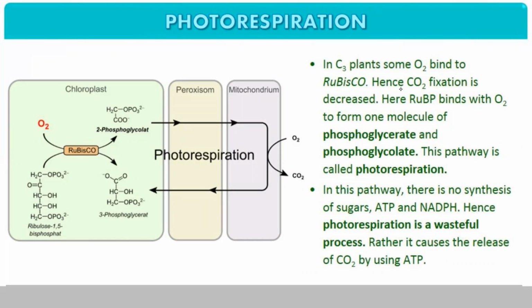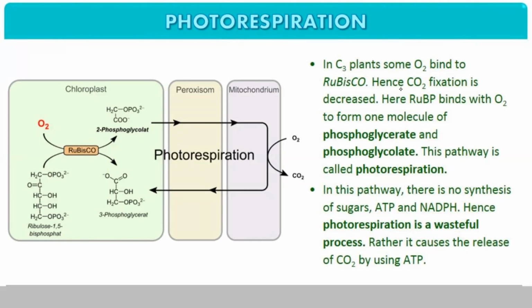So hence carbon dioxide fixation is decreased. Here RuBP binds with oxygen to form one molecule of phosphoglycerate and phosphoglycolate. This pathway is called photorespiration.